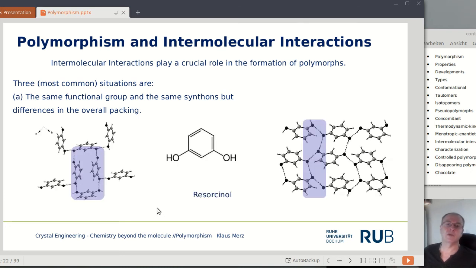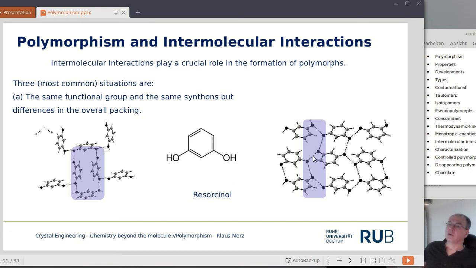For example, if you look here, resorcinol, we have two hydroxy groups here, and you will see interaction of a hydroxy group with a neighboring hydroxy group. Here's one hydroxy group, the neighboring one, and so on. So each molecule has an interaction two times.